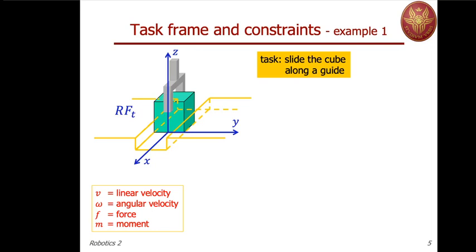You will see that the robot is not there at all. In fact, we don't need to specify at this level what type of robot we are using. We assume that the robot has enough degrees of freedom to perform the task. If not, of course, some of the specification of the interaction task cannot be met by control.